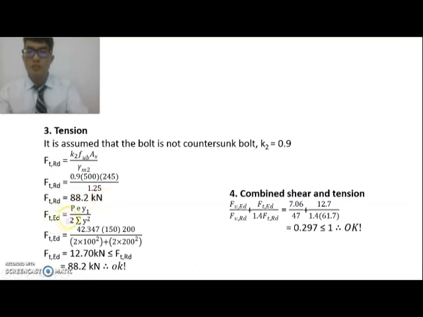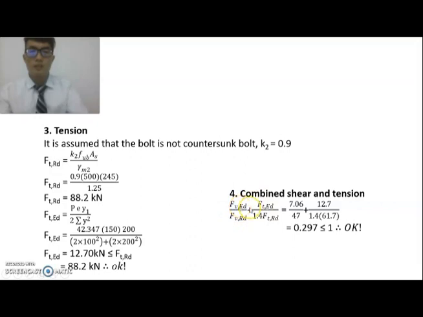For Ft,Ed, we calculated using this formula, P y1 over 2 summation of y square. Then we get 12.70 kilonewtons, which is less than or equal to Ft,Rd that we have calculated before, which is 88.2 kilonewtons. Then it's okay.